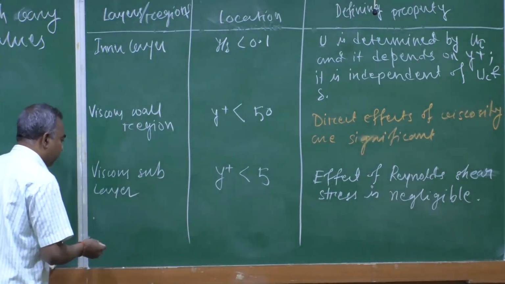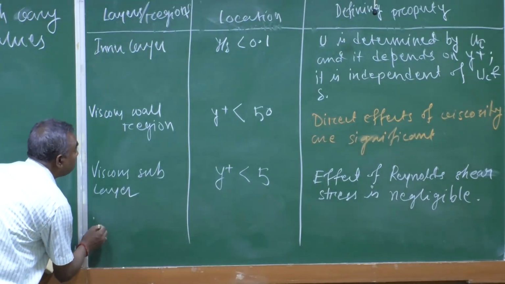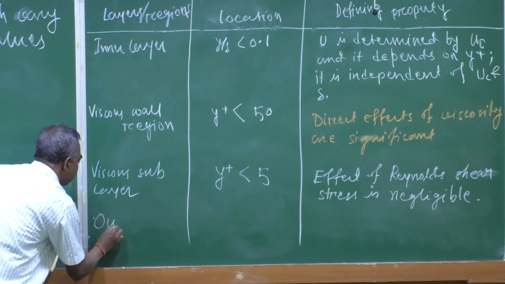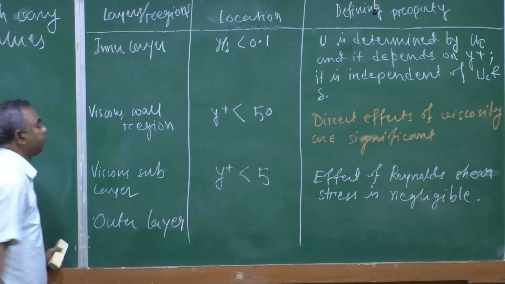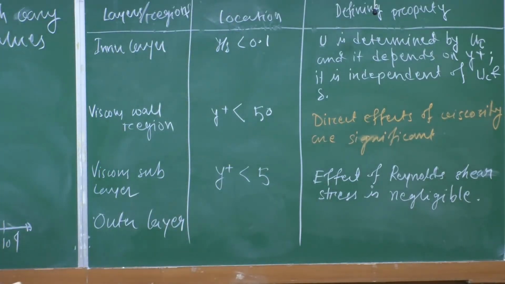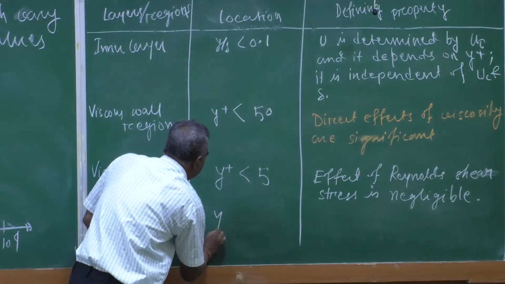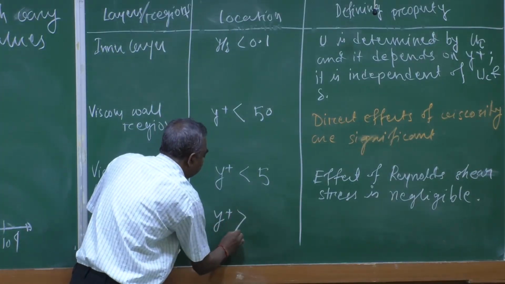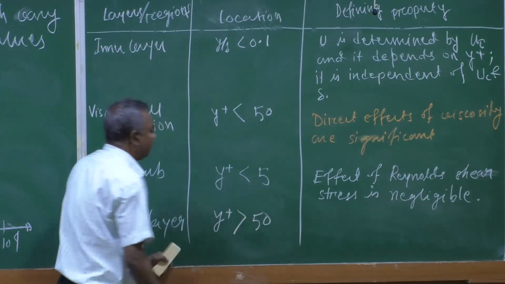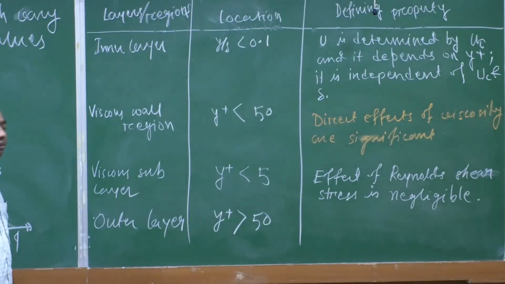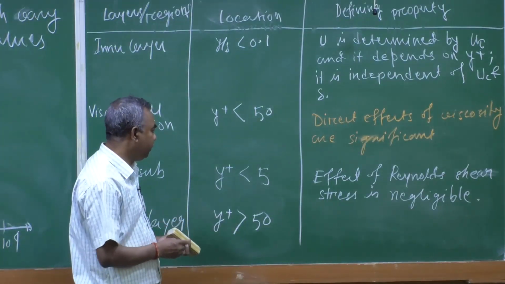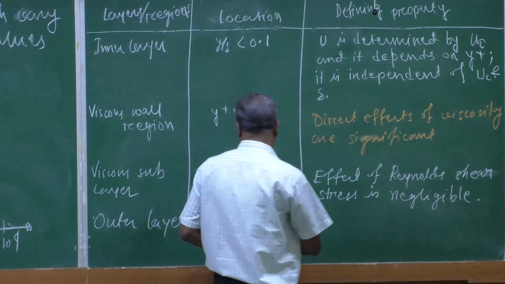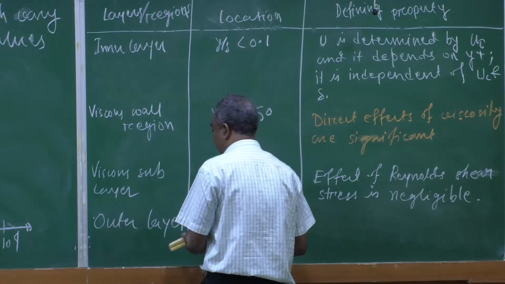The next one is the outer layer, which starts above y plus greater than 50. So, above y plus greater than 50 is known as the outer layer.